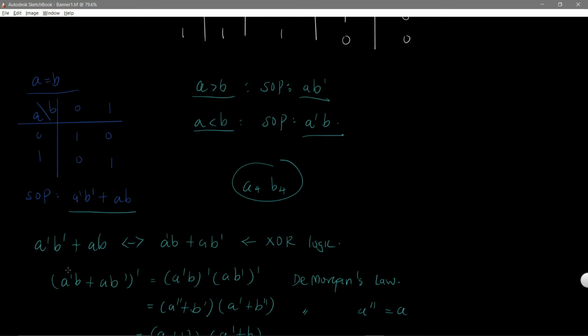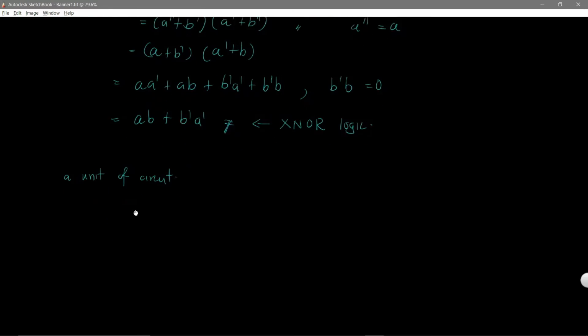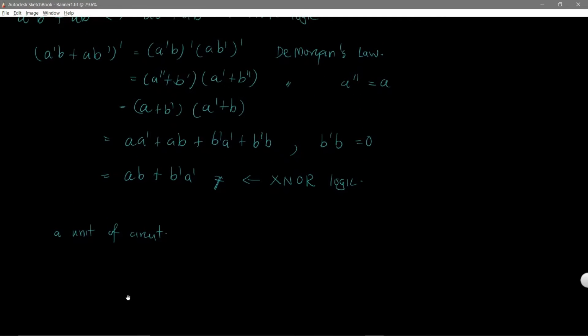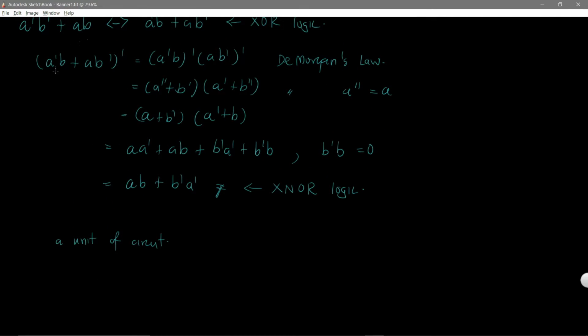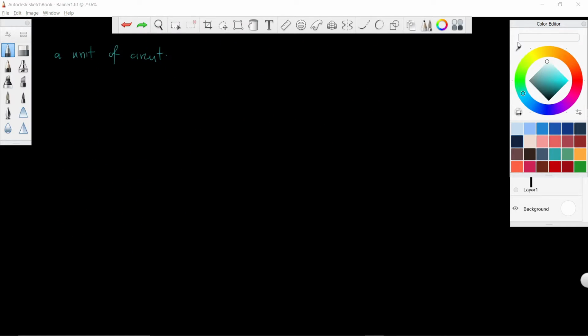Because we have the A smaller than B, A larger than B, and the whole thing is representing if A is equal to B. So if we start from this equation, it should be something like this.